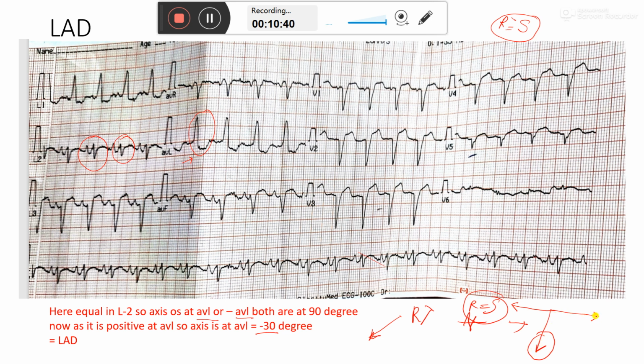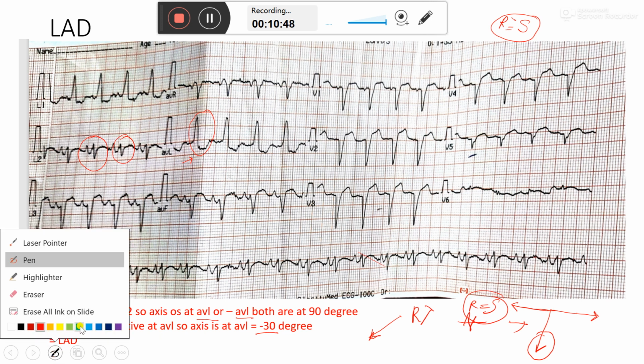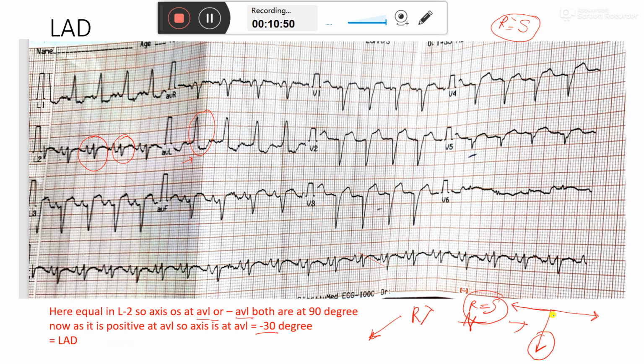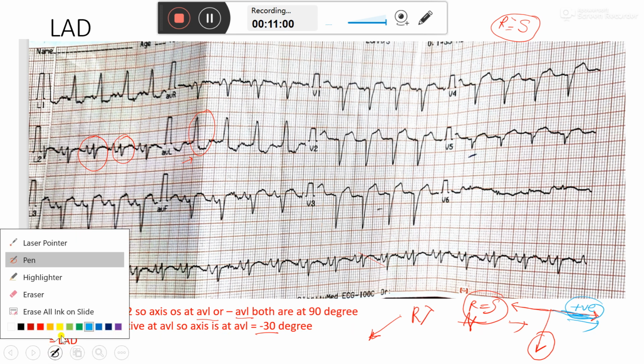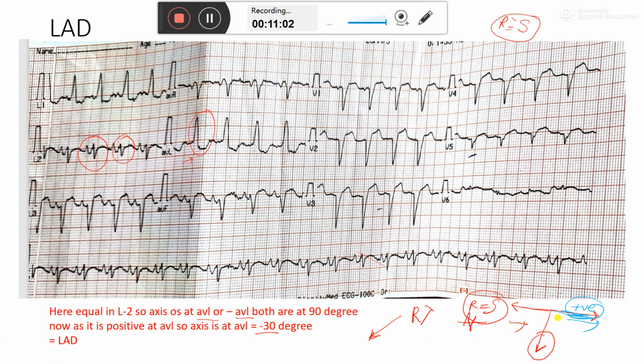Now the vector will be this way or this way, because these two are perpendicular. Now we will see these leads. If these leads become positive, the vector will be in this direction, and if the leads become negative, the vector will be in the opposite direction, towards this way.